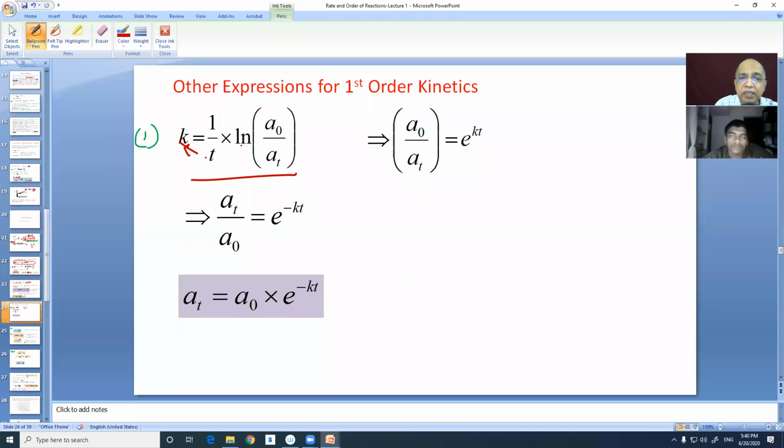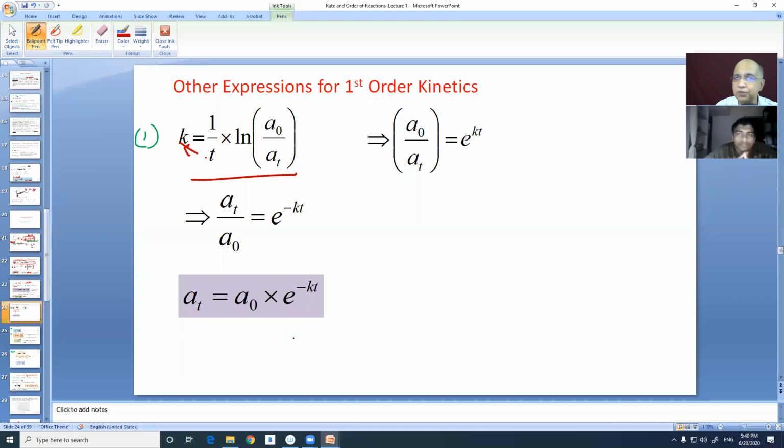So A0 by At is equal to e to the power kt. If you reverse it, At by A0 is equal to e to the power minus kt. So At, the reactant concentration at any time t, is equal to the initial concentration into e to the power minus kt. This is another expression for first order kinetics.